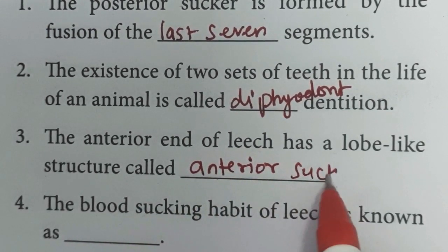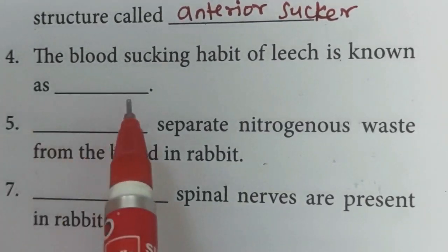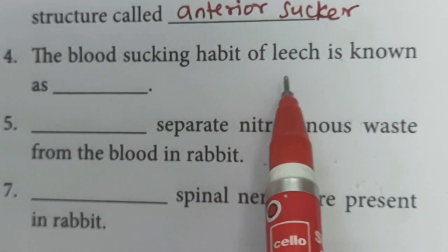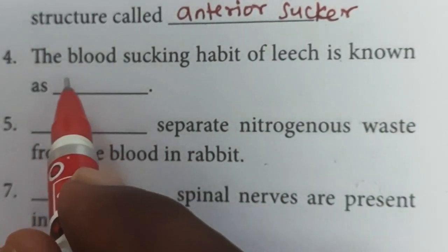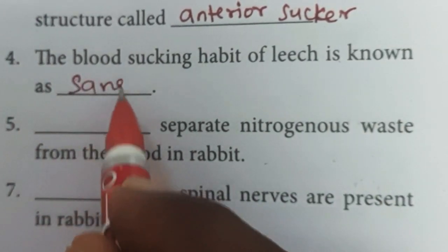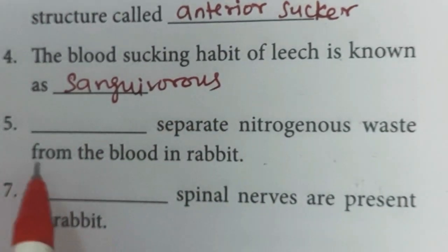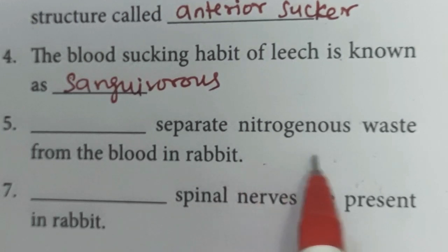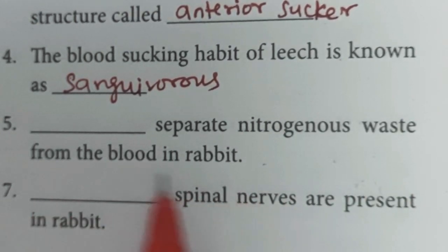Anterior sucker. Then fourth one, the blood sucking habit of leech is known as sanguivorous. Sanguivorous. Fifth one, dash separate nitrogenous waste from the blood in rabbit.